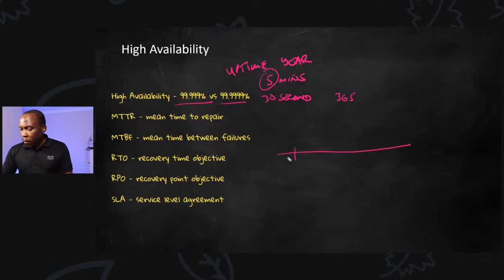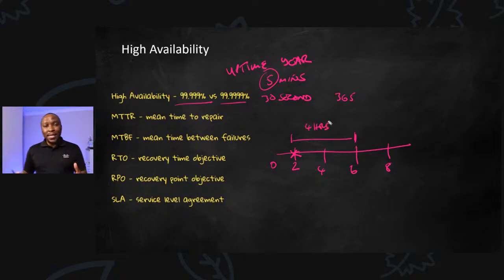So 0, 2, 4, these are hours, 6, 8. If a failure happened at this point and the repair of the failed component happens at 6 p.m., then it took 4 hours. So the mean time is calculated as 4 hours.